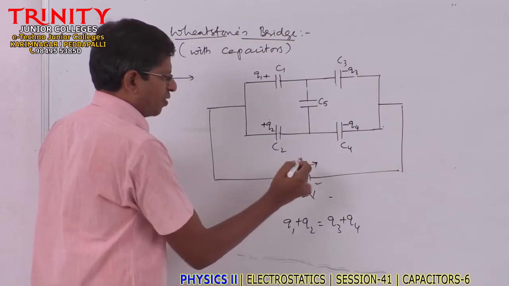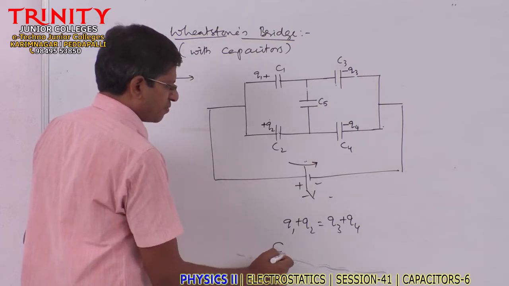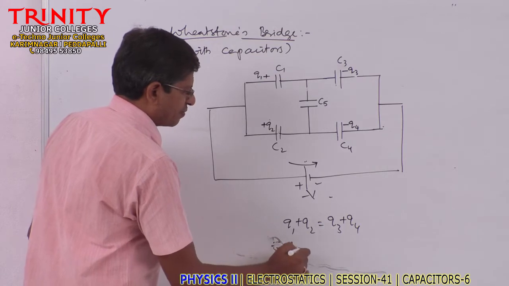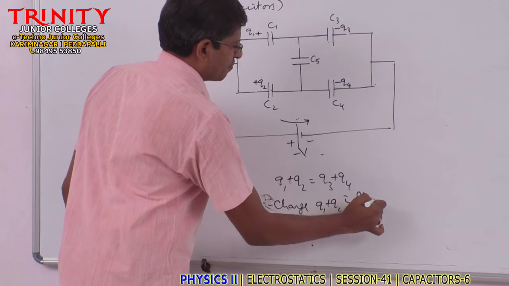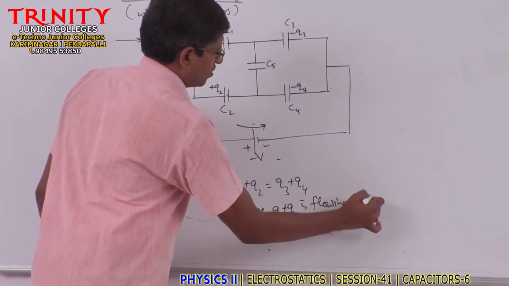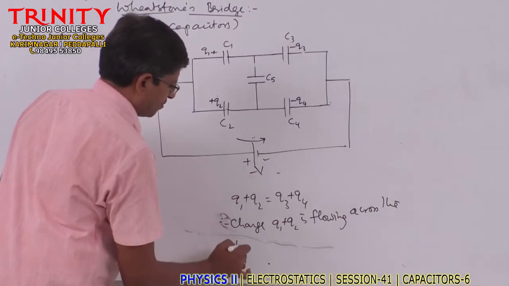Therefore, how much charge is flowing across the battery? Therefore, the charge Q1 plus Q2 is flowing across the battery terminals.